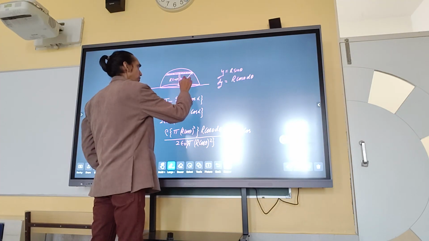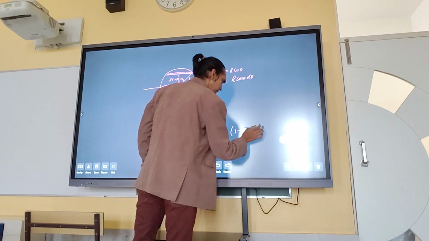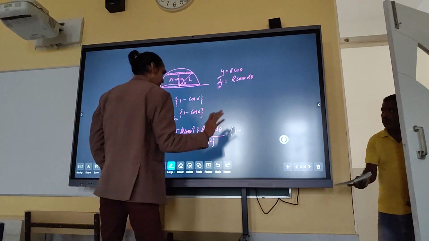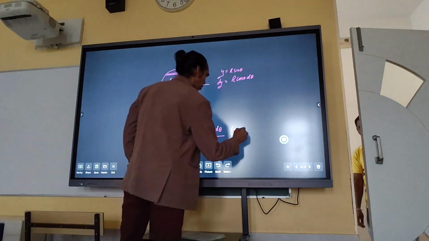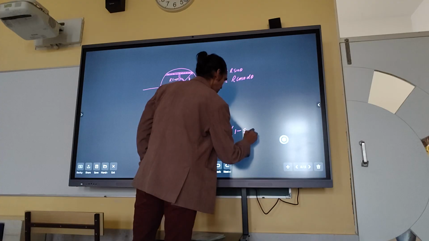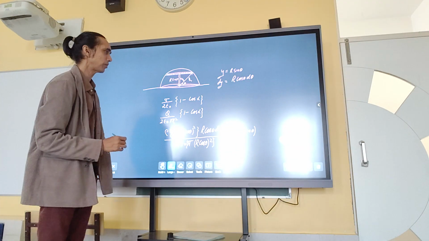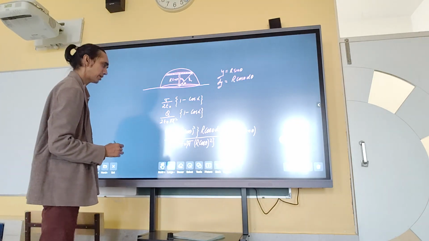This angle is alpha. So 1 minus cos of the angle 90 minus alpha. What will that be? 1 minus sine of the angle theta, because it's cos of the angle 90 minus theta.